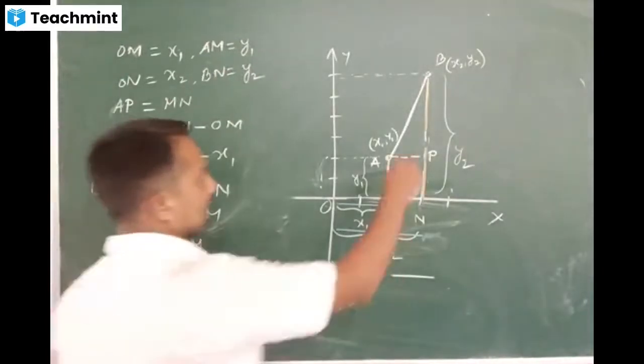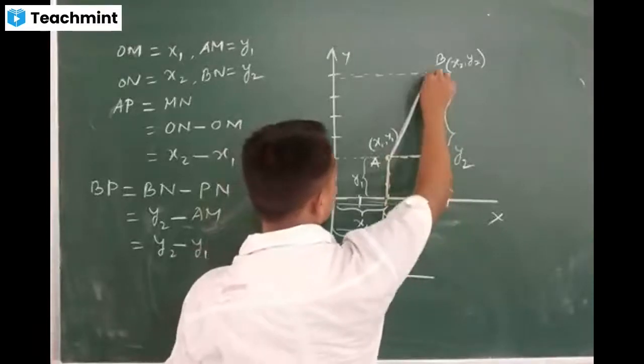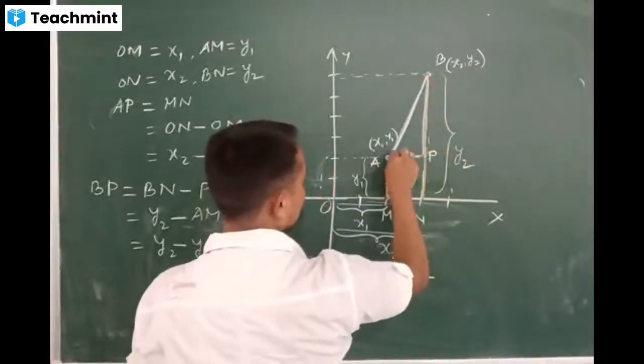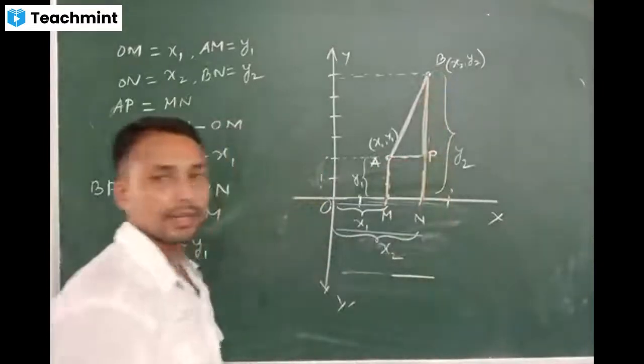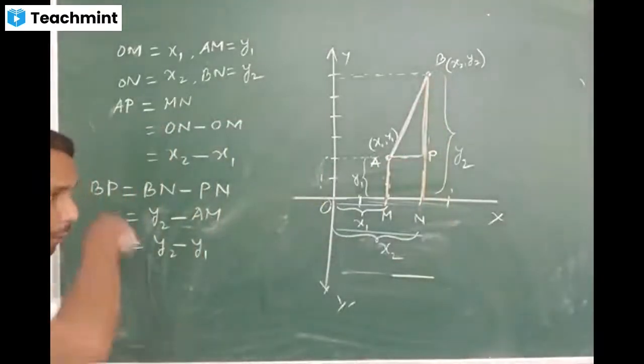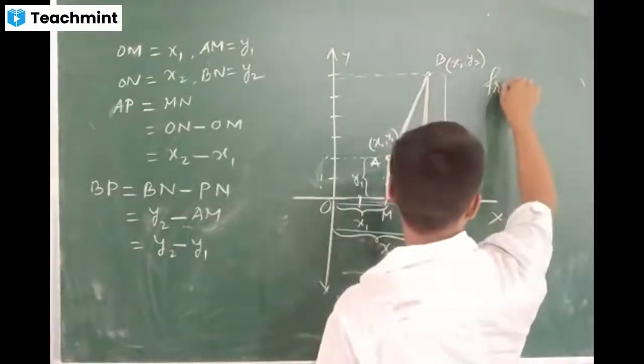Now, there is a triangle. This triangle is there, you can see. Right triangle APB. A right triangle is there.